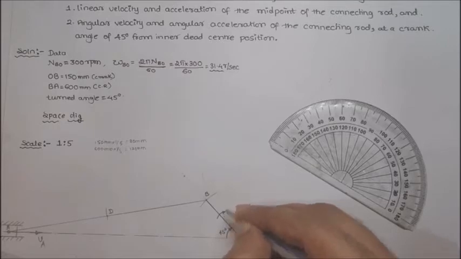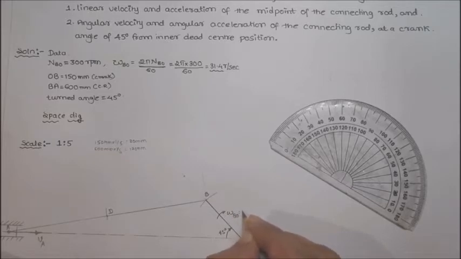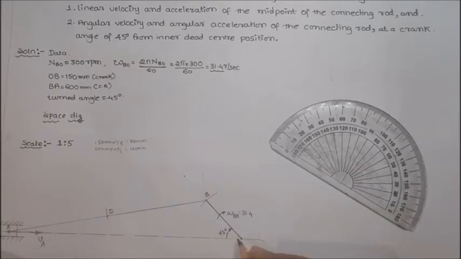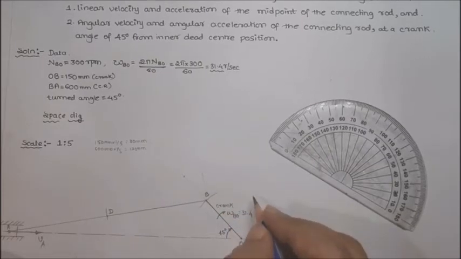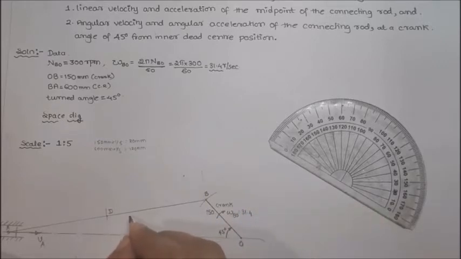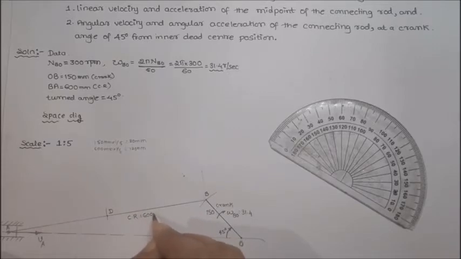Let's label all these parts with the notations that were given. This one is omega_BO, that is 31.4. Then the length here is the crank, and the distance of that one is 150 mm, and this is the connecting rod, whose distance is 600 mm.